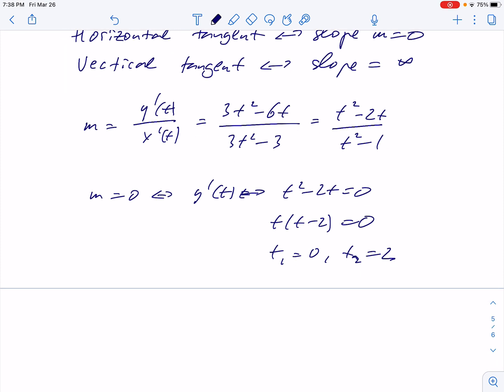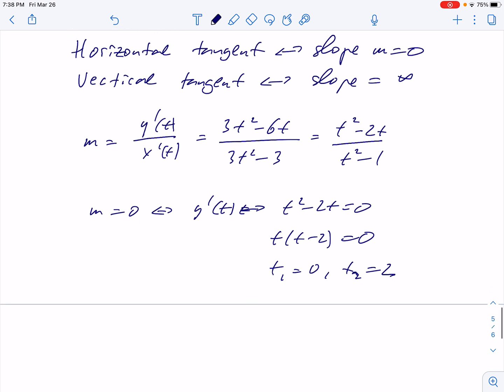And let's find these 2 points for the curve. X of 0 equals 0, y of 0 equals 0. So (0, 0) is one point with the horizontal tangent. Then x of 2, from the equation for x, this will be 8 minus 6, which is 2.